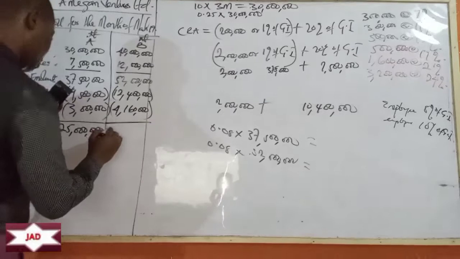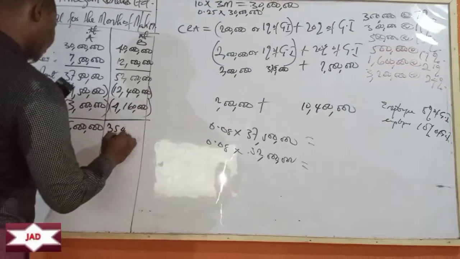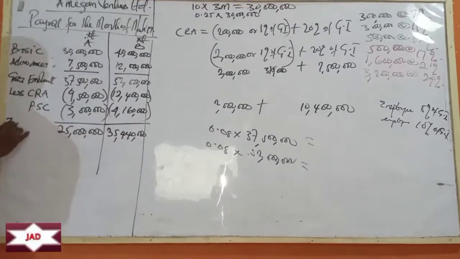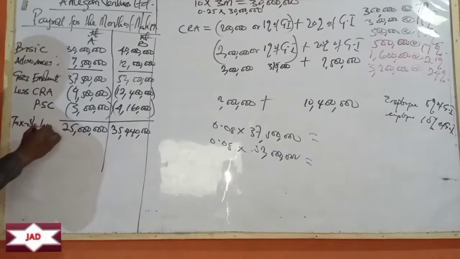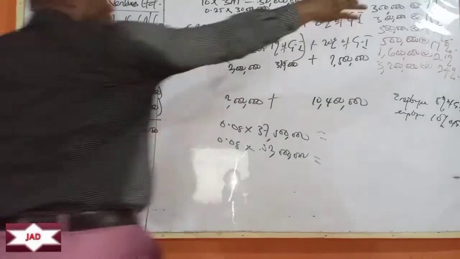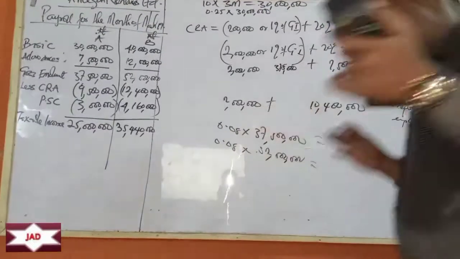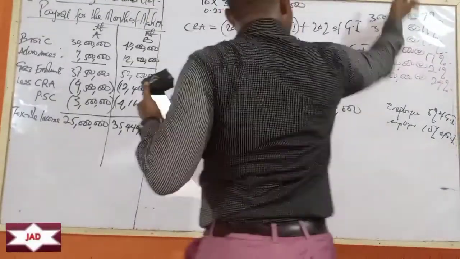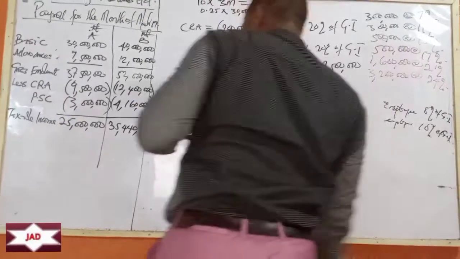So I'm having there 35,440,000. So this is what we call your taxable income. So this is what we now apply the 6th schedule table to.